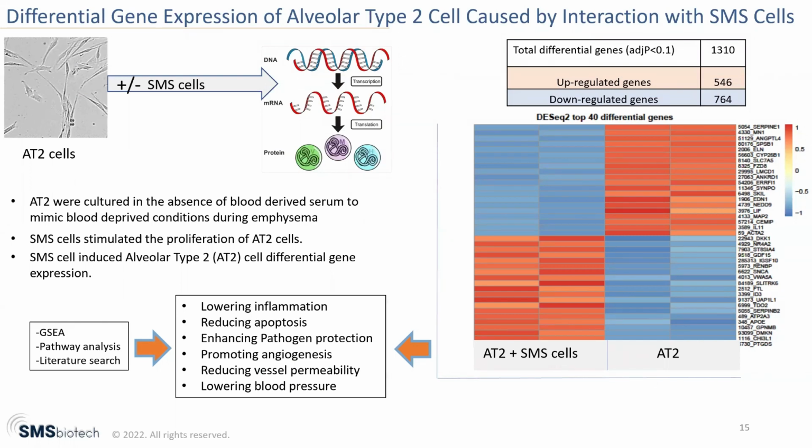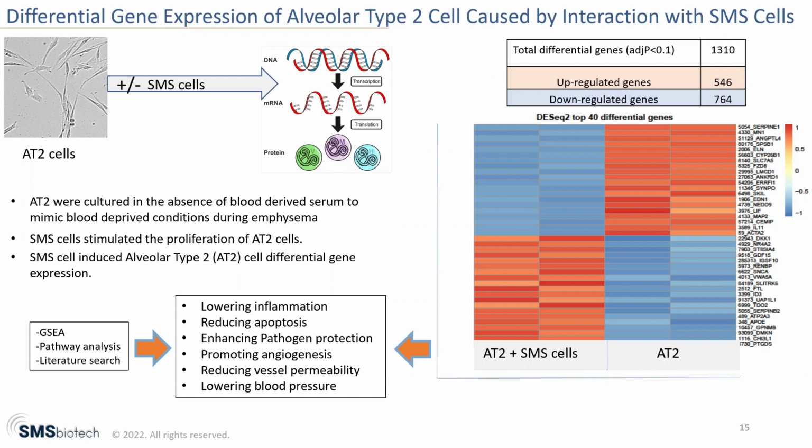Now, the SMS cells also change the gene expression of alveolar type 2 cells, and the changes in alveolar type 2 cells gene expression is consistent with the complex requirements for healing of the organ.